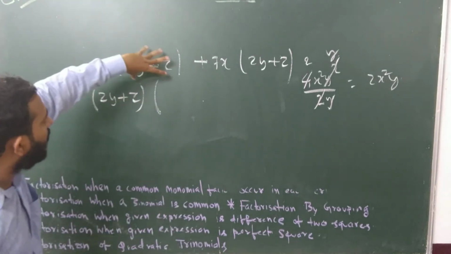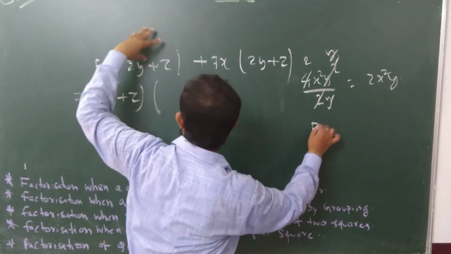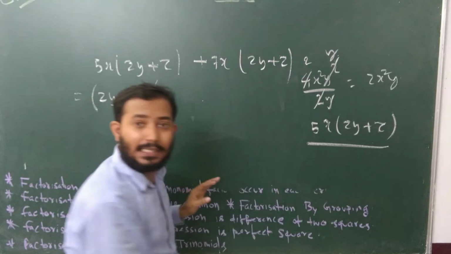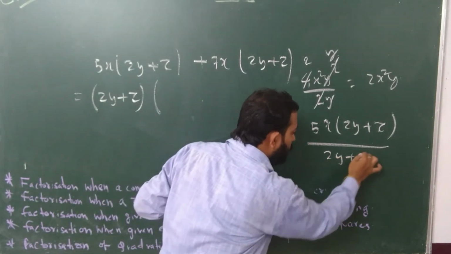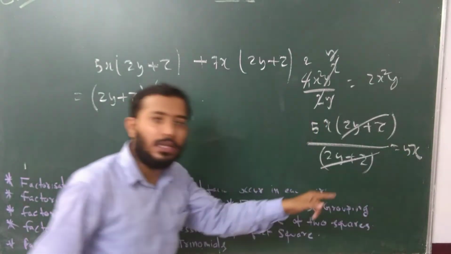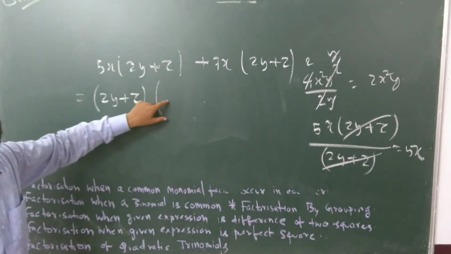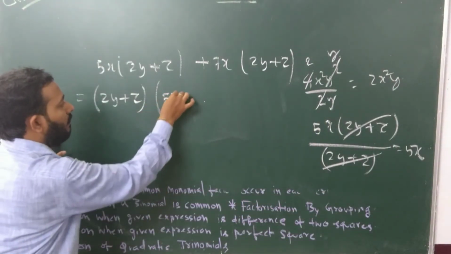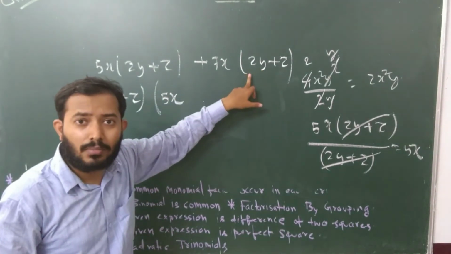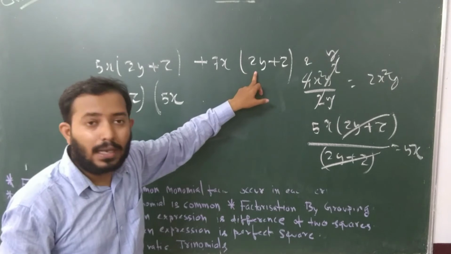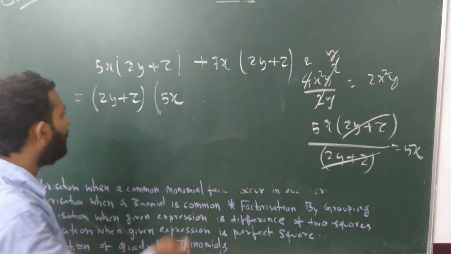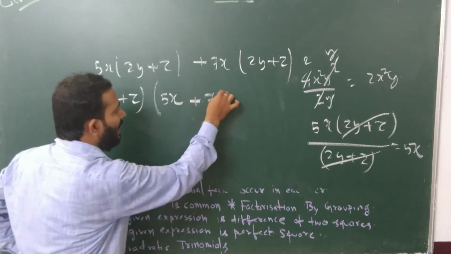Now if you take 5x (2y plus j) and divide it by 2y plus j, we get 5x, and that only we are going to write in the bracket here, that is 5x. Similarly, if we divide the other term by 2y plus j, we get 7x. So we will keep it here, plus 7x.